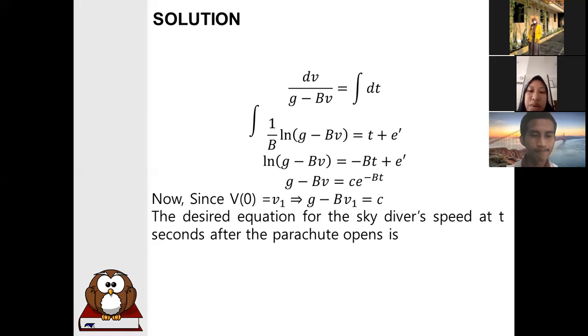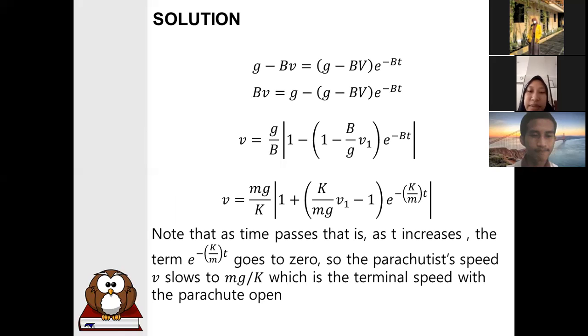The desired equation for the skydiver's speed at t seconds after the parachute opens is next. g minus bv equals g minus b v1 times e to the power minus bt. So bv equals g minus g minus b v1 times e to the power minus bt.